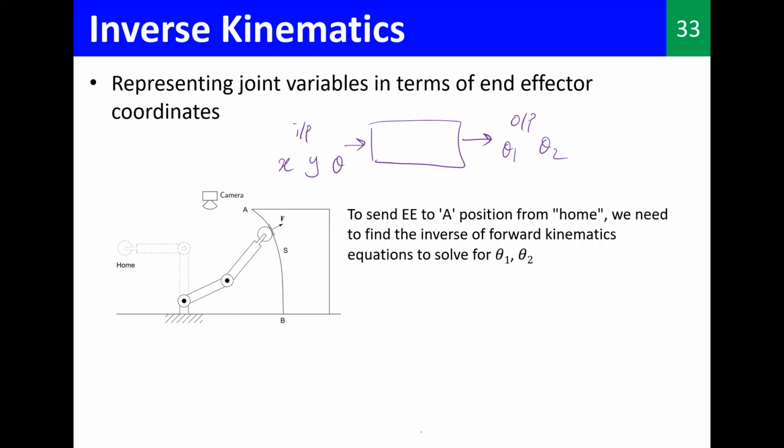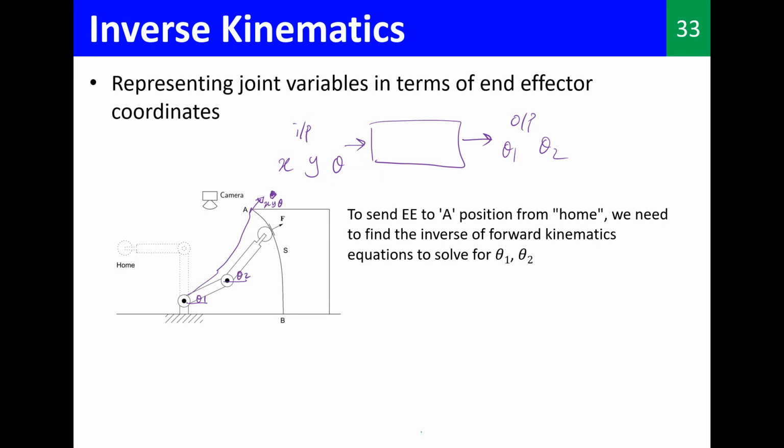And I'm assuming, let's say, this is my final direction theta, right? So I know X, Y, and theta. So I need to find theta 1 and theta 2 to actually send that guy there. That's the real question we need to solve, and that question is called the inverse kinematics problem, right?